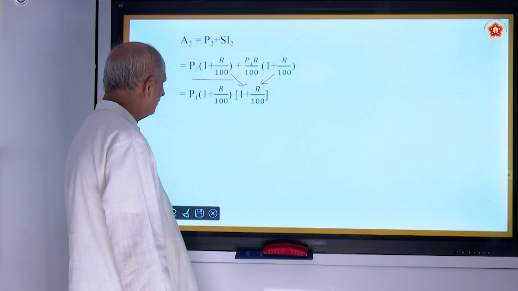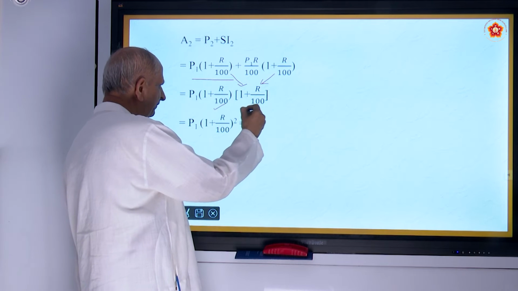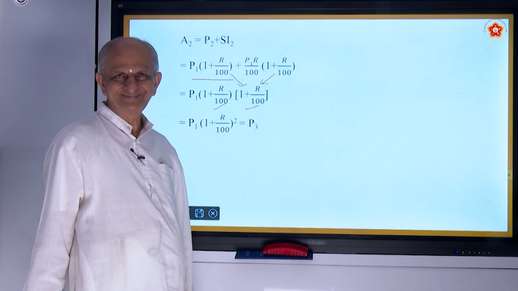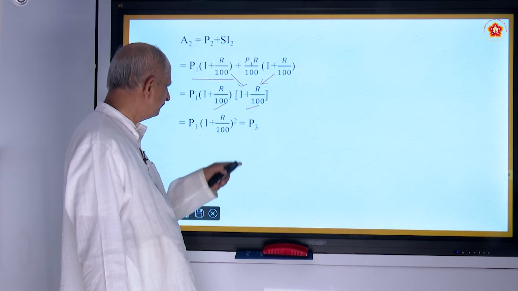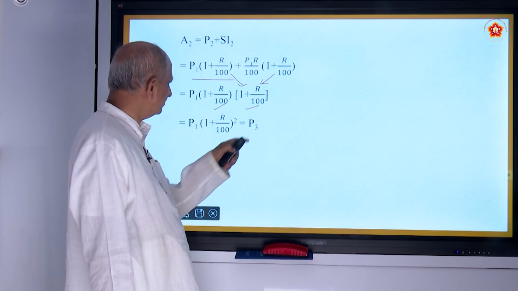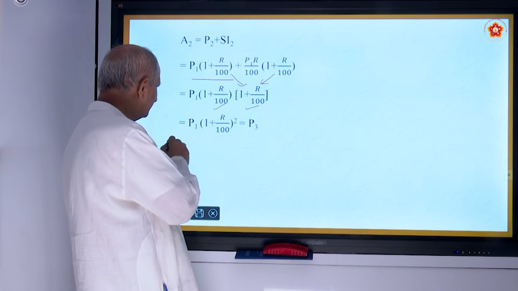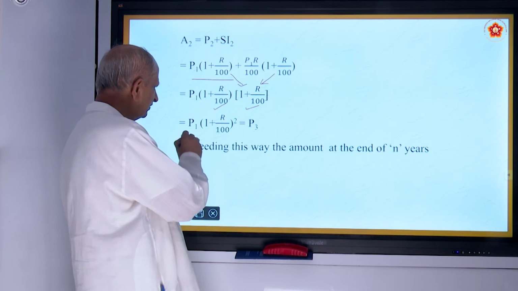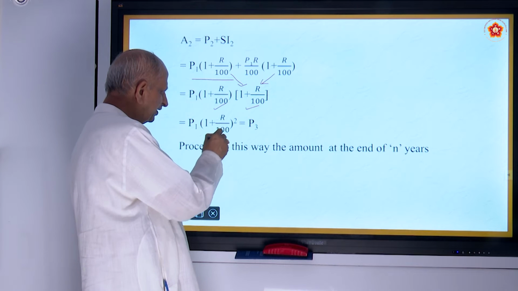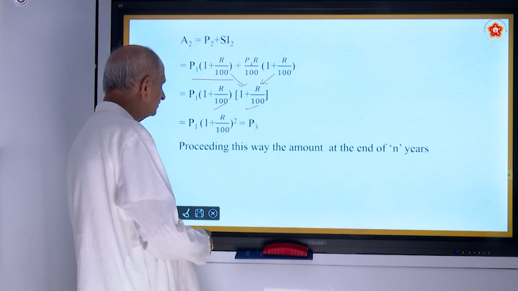And now what happens? The same thing comes 2 times, correct? So P1 into 1 plus R by 100 to the power of 2, that will be P3. So what will P3 be now? P3 also will be P1 into 1 plus R by 100 to the power of 3, is it not?